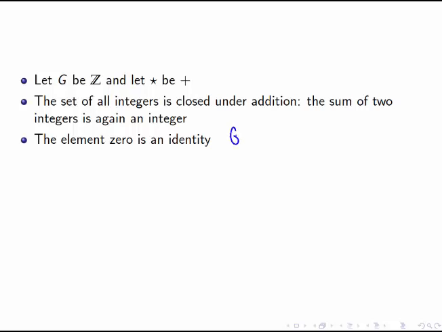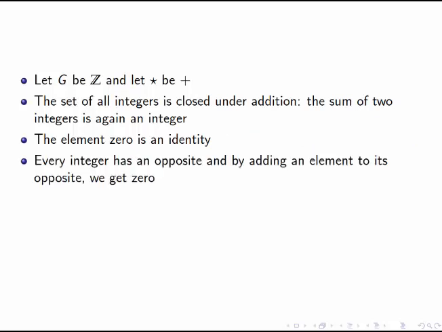Indeed, given x, which is an integer, x plus 0 is 0 plus x, and that is x. So 0 is the identity element.